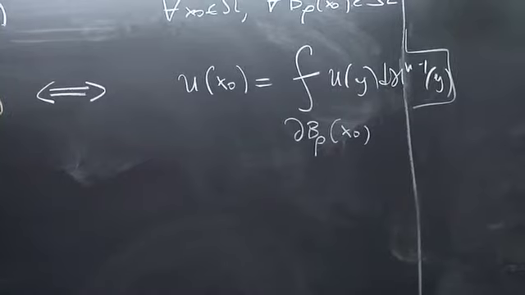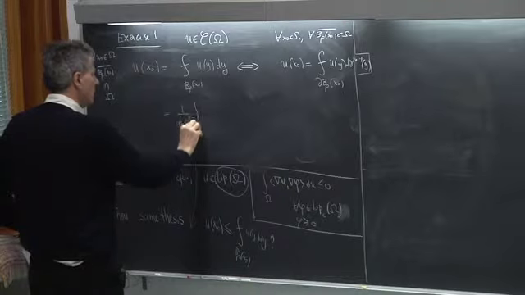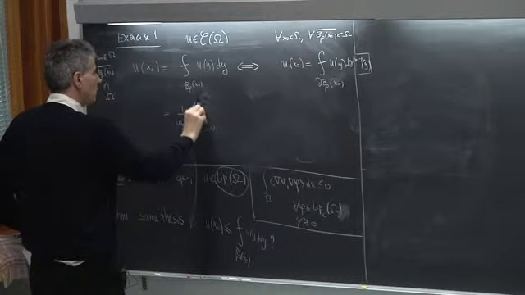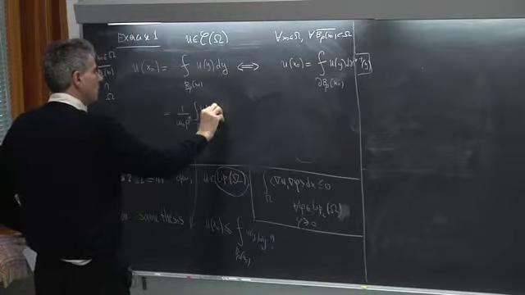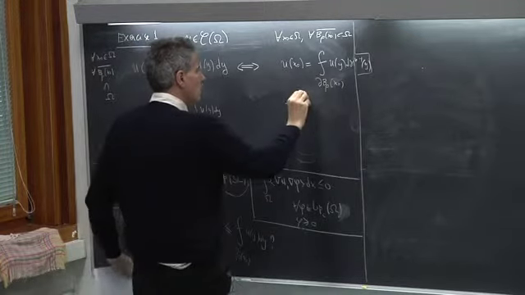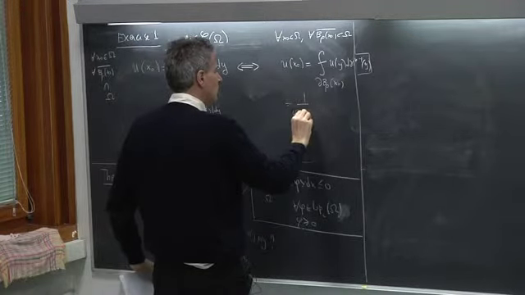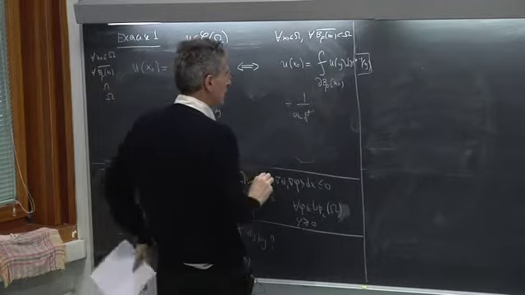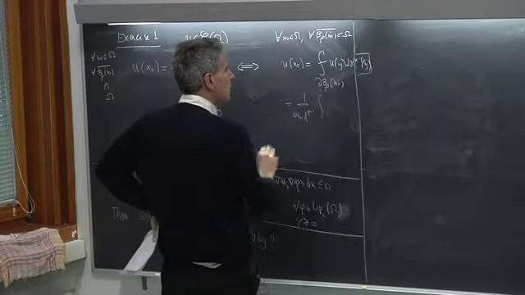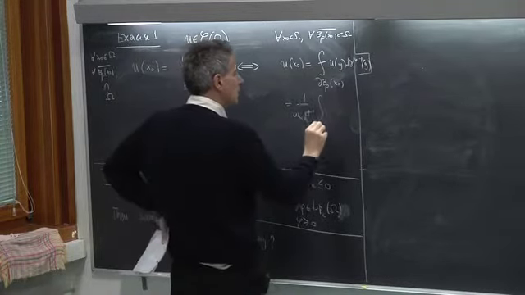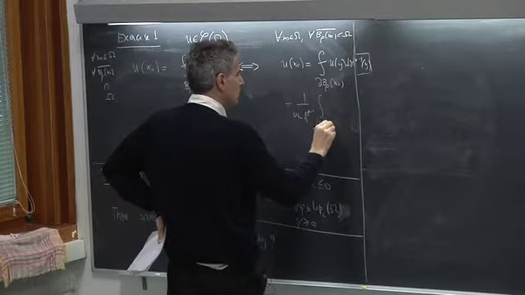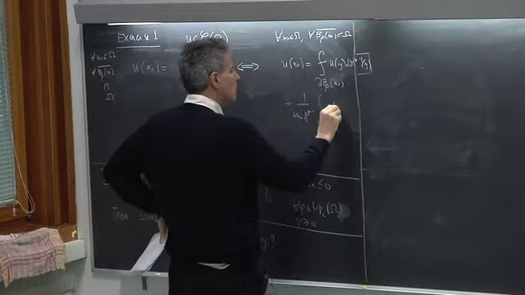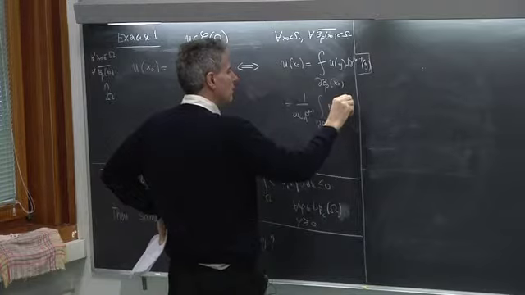So this means, I recall that this means 1 over omega n rho to the n by definition. This means 1 over, I hope, the integral, and this is a surface integral, okay?